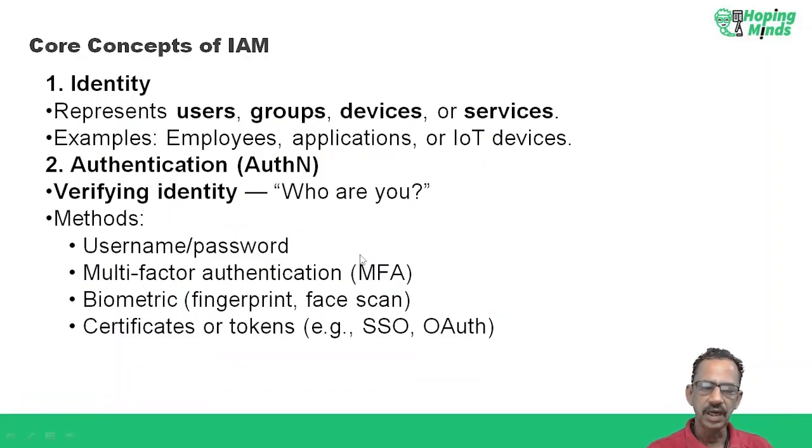I think everybody knows about multi-factor authentication: using a token, using Google Authenticator, biometrics, fingerprint, face scan. Everybody who is using Android phones knows this, and sometimes certificates also. In the last video you saw, when we did the VM creation demonstration, it asks for a certificate after entering the password.